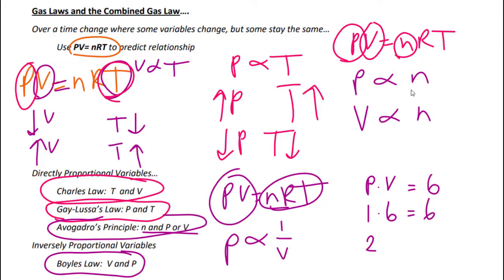That means my volume needs to, in order for this right side to still equal 6, 2 times what is 6? Well, 3, right? So if I increase my pressure from 1 to 2, my volume of 6 had to decrease to 3 to still have the right side equal that same amount. So as one increases, the other must decrease.